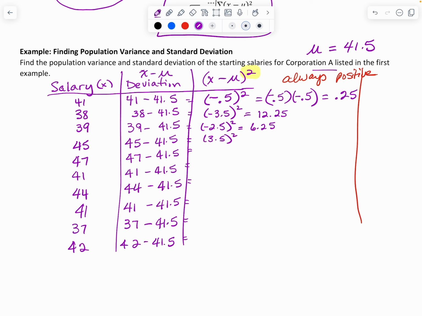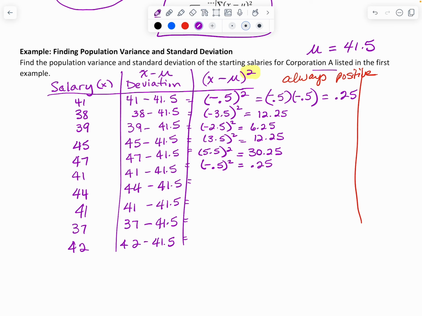Well, if negative 3.5 squared is 12.25, then positive is also going to be 12.25. 47 minus 41.5 is 5.5 squared. Again, if you use your calculator, that would be 30.25. 41 minus 41.5 is the same as it was above, negative 0.5 squared, which is 0.25.